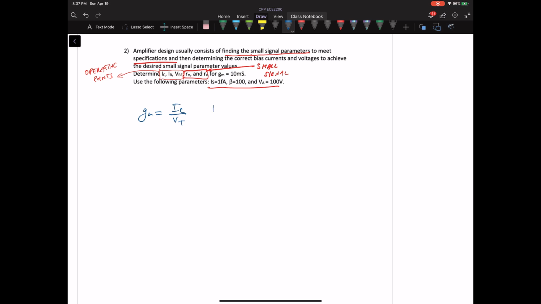So I sub C, which is the first thing we need to get, is G sub m, given as 10 millisiemens, times 26 millivolts. Let me find my calculator.